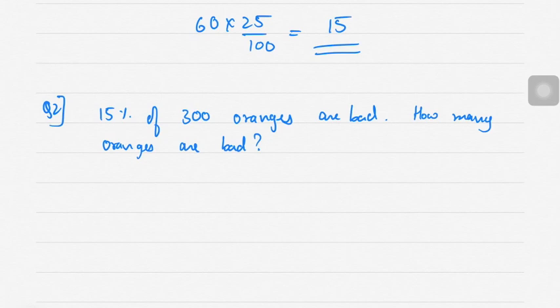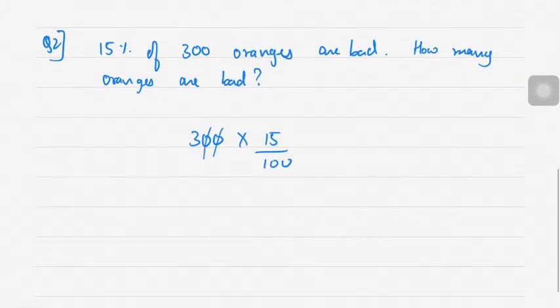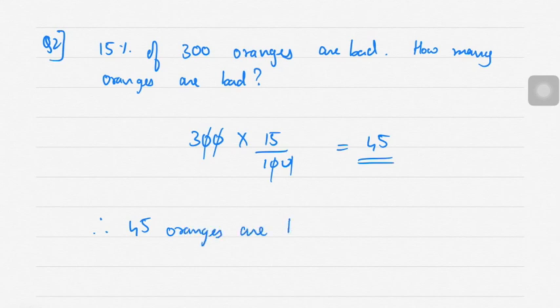There are 300 oranges. Out of 300 oranges, 15% are bad. So calculate 15% of 300. So 300 into 15 upon 100. So 3 into 15 is 45, right? So 45. That means 45 oranges are bad.